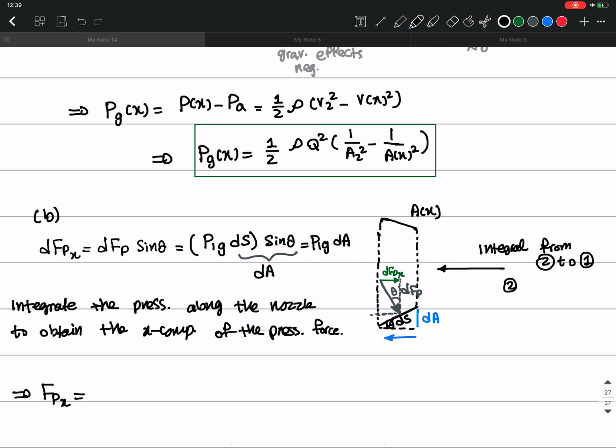Okay, so F_Px is going to be the integral from point 2 to point 1 of this dF_Px that we defined, which is the integral from 2 to 1 of P1, the gauge pressure. Why do I write it as P1? It's just P_G. So this is just P_G(x), right?